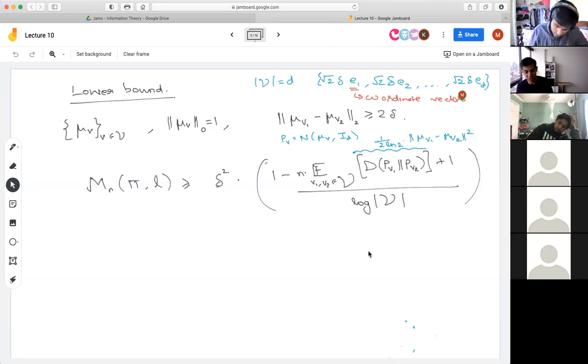So E sub j has 1 in the jth coordinate and 0 everywhere else. These are d of them, every pair has a distance exactly square root 2 times delta, where the square root 2 comes from the L2 norm.